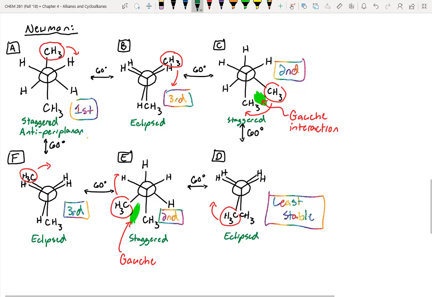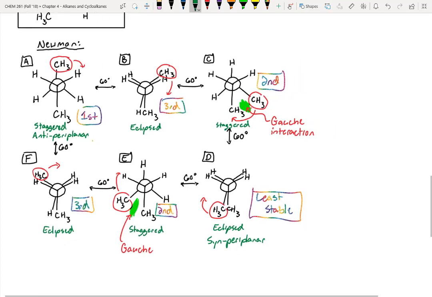And then the other one that has a unique name is actually D. You see how it's eclipsed, but now those two groups, instead of anti, they're on the same face of one another. This is called syn-periplanar. Because now those two methyl groups are aligned, but they're on the same face, they're overlapping with one another as opposed to anti. So you might occasionally see those terms thrown out as well.